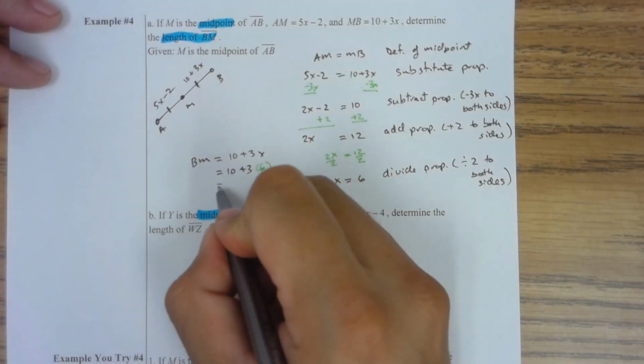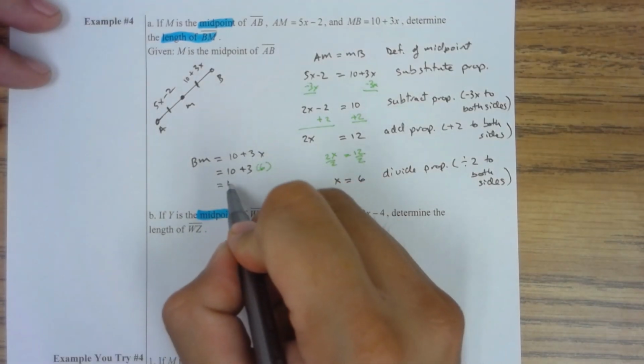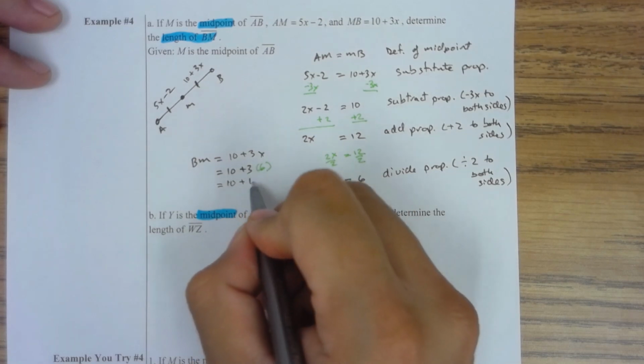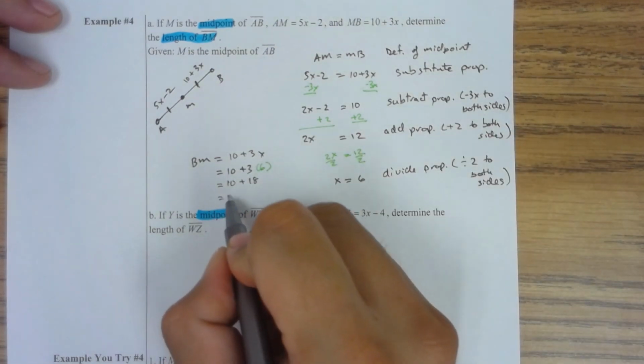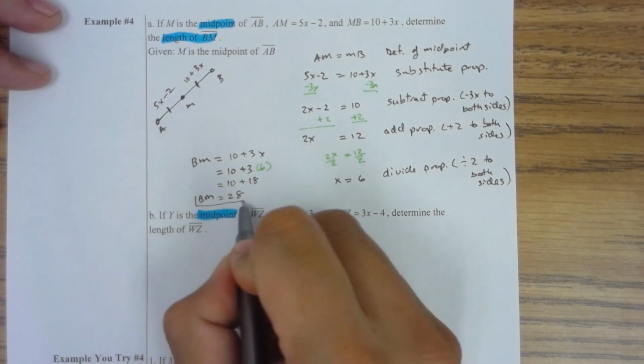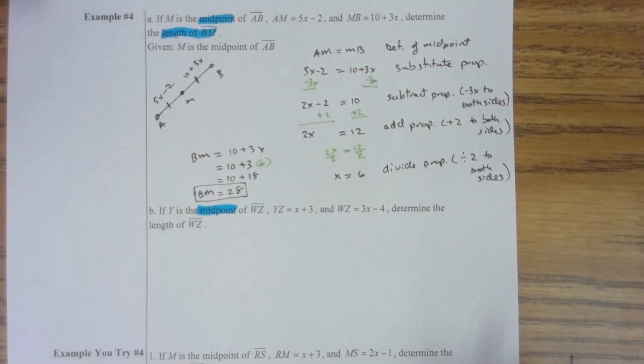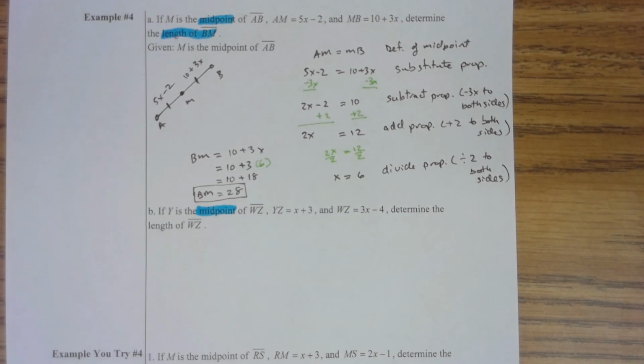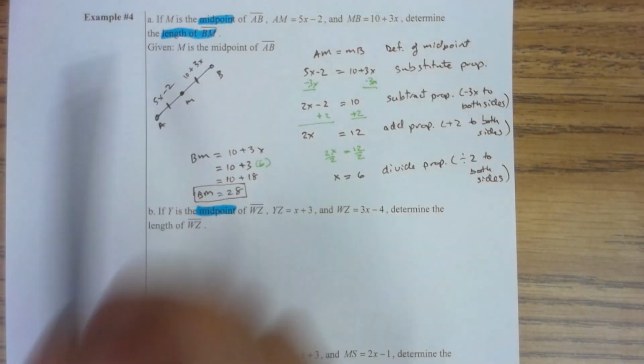So do the multiplication first. 3 times 6 is 18. And now you have 28. That is the final answer. So I missed that. That's what happens when you don't read the question again.